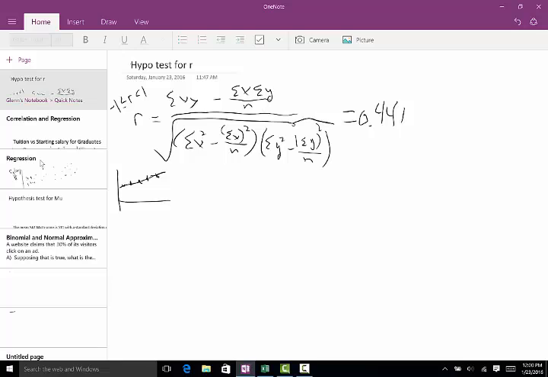The question is, is it significantly positive? Is it significantly greater than 0? There's a hypothesis test that can be done to determine that. The null hypothesis would be that the correlation is 0, and the alternative hypothesis, what we think at this point, having computed it, is that it's positive.